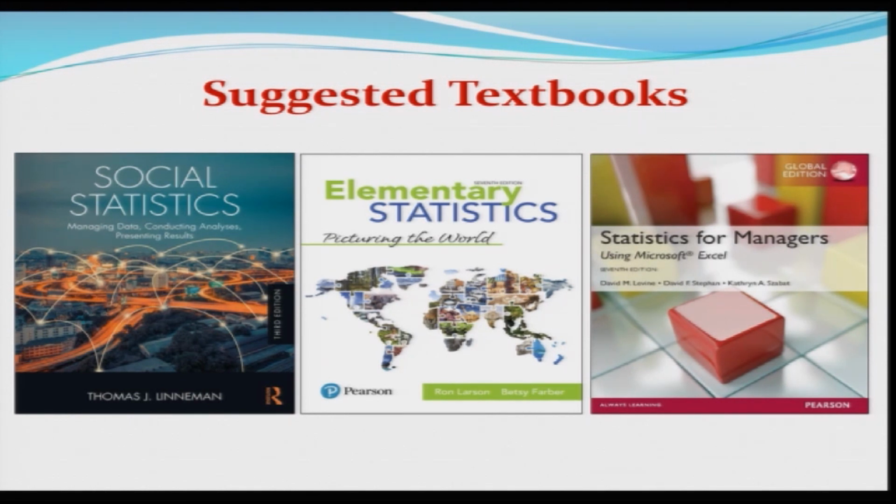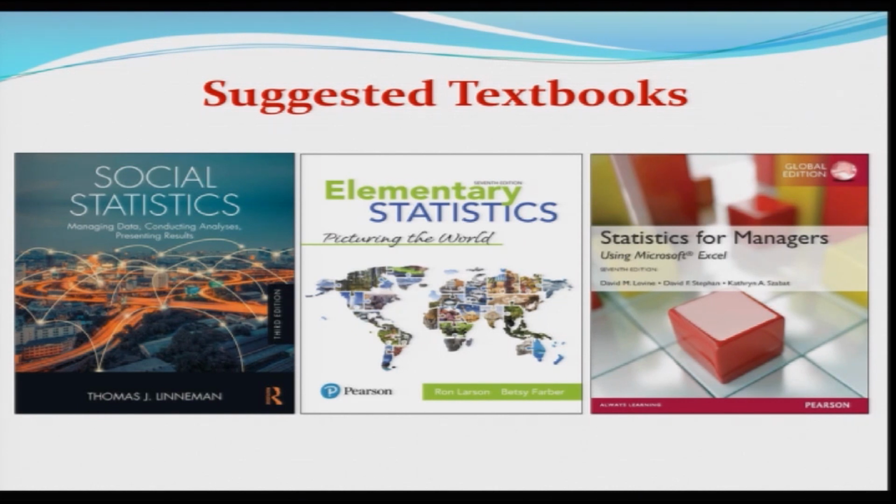The second book, Elementary Statistics by Larson and Farber, is also a very good textbook, written in very simple language. The third textbook is Statistics for Managers by Levin, Stefan and Zabat.